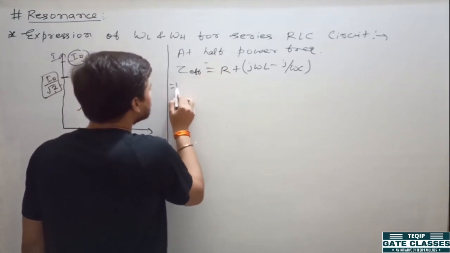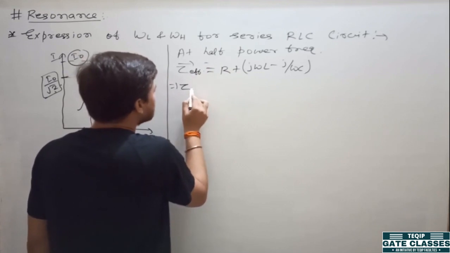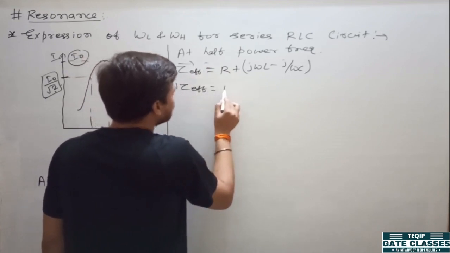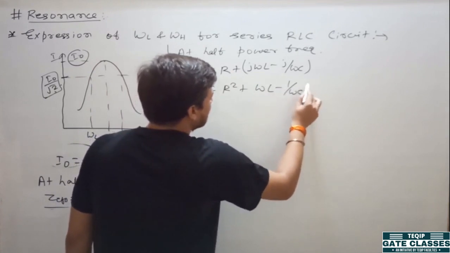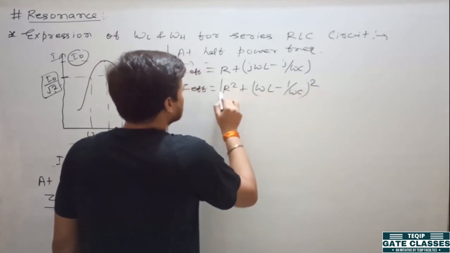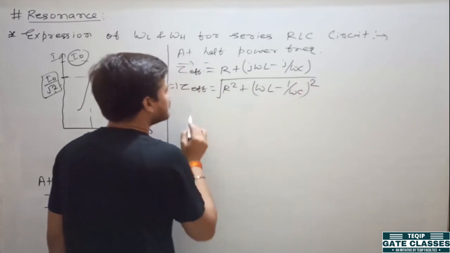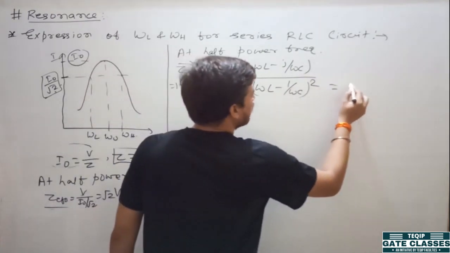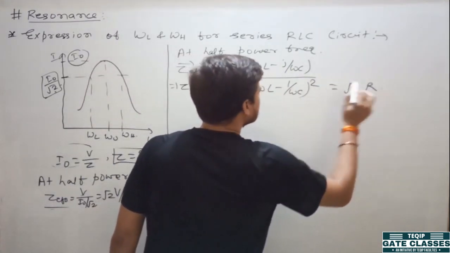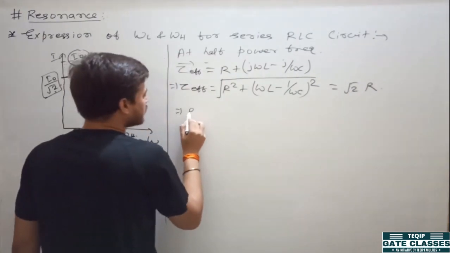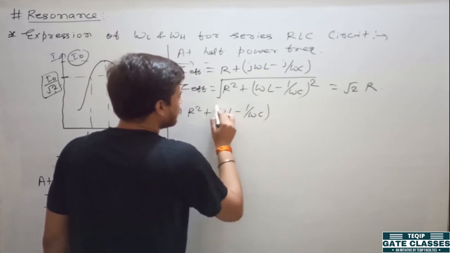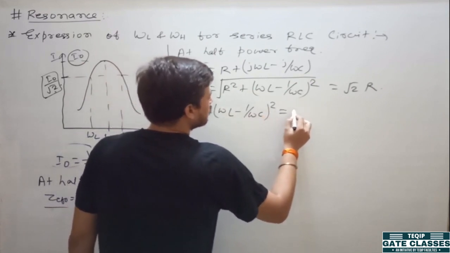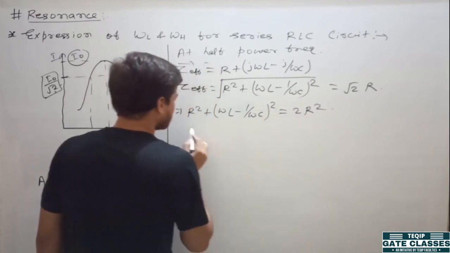so magnitude will be how much? The magnitude of Z effective will be equal to root of R square plus omega L minus 1 upon omega C whole square, and it will be equal to root 2 into R. So from here you write R square plus omega L minus 1 upon omega C whole square will be equal to 2R square.